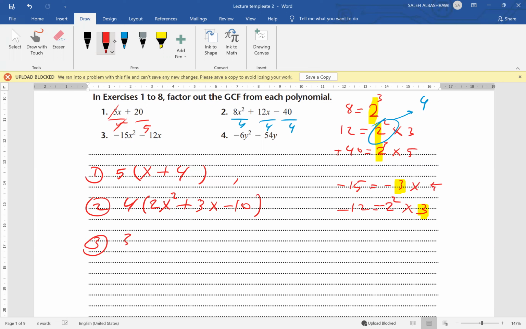So it is 3, or I can take the negative, minus 3. For the variable or the letter part, I have x to power 2 and x to power 1. We'll take the lowest power, which is x to power 1. Now divide each term by minus 3x.